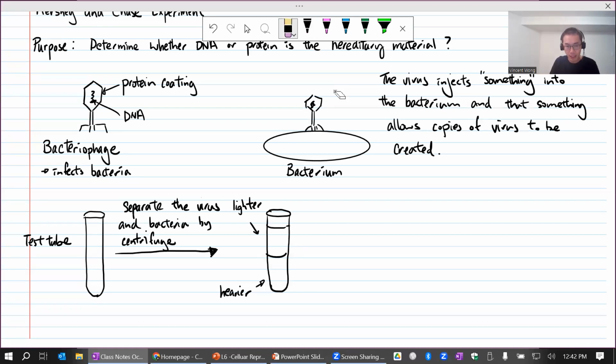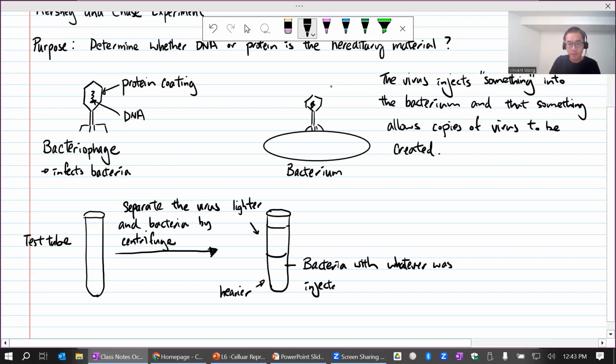So after you spin it down, you're going to have two layers. The bottom layer, this is the heaviest stuff. That is going to be the bacteria with whatever was injected into them by the virus.